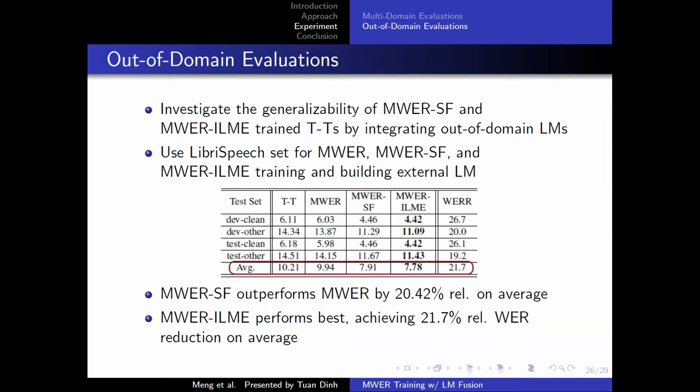Given that their end-to-end model is trained on their in-house datasets, the MWER-SF outperforms MWER by 20.42% relative on average. And the MWER-ILME performs best, achieving 21.7% relative word error rate reduction on average.